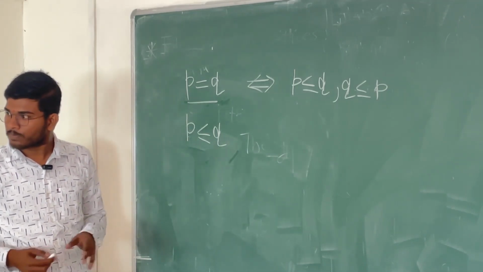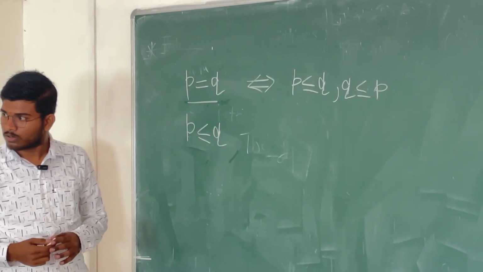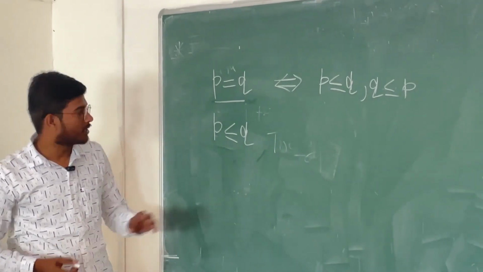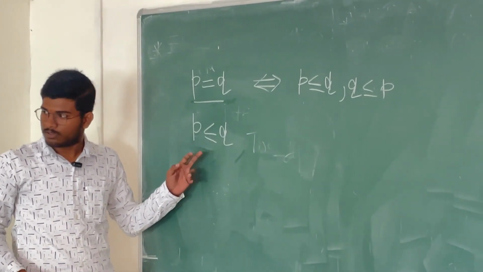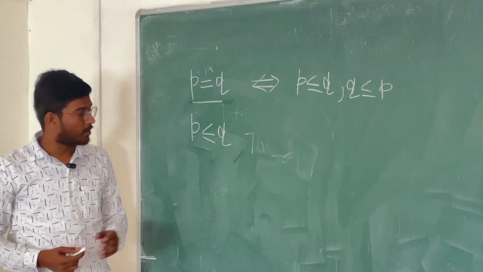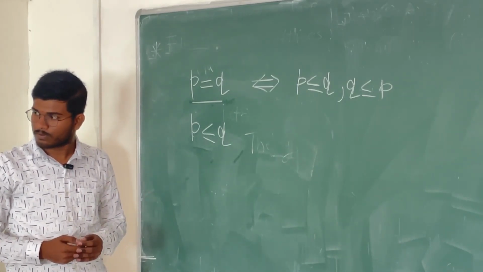But what is meant by this inequality? P is less than or equal to Q means what? When will we say that P is less than or equal to Q?